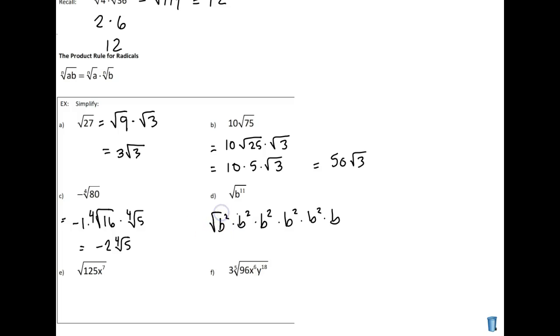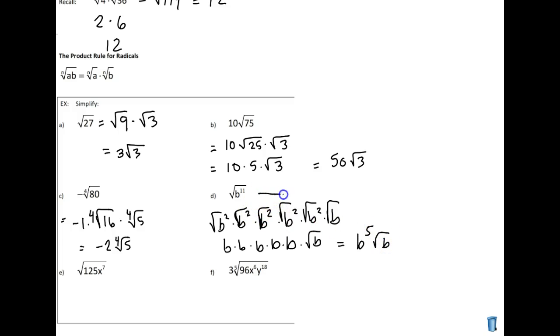And each one of these gets a square root. Okay, so this becomes b times b times b times b times b. And then this guy stays the square root of b. So this becomes b to the 5th times the square root of b.